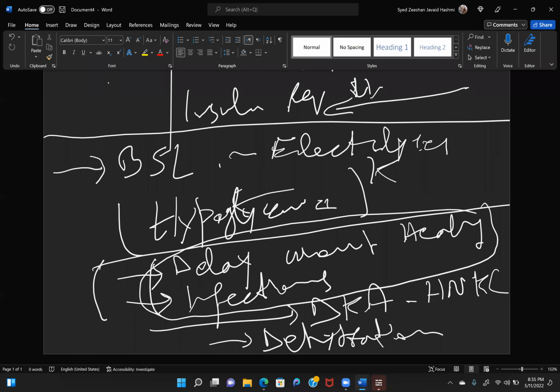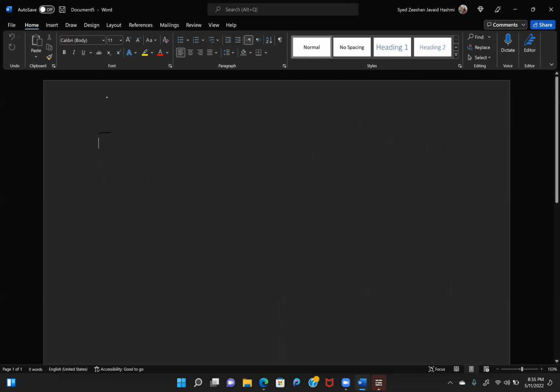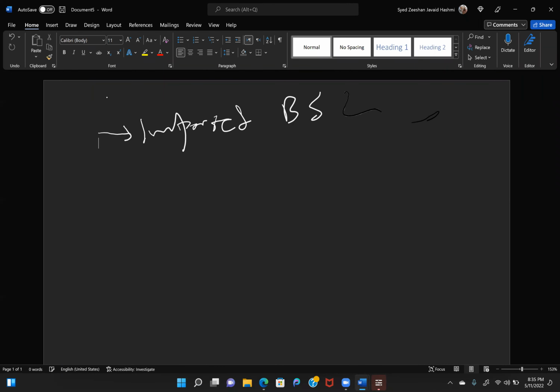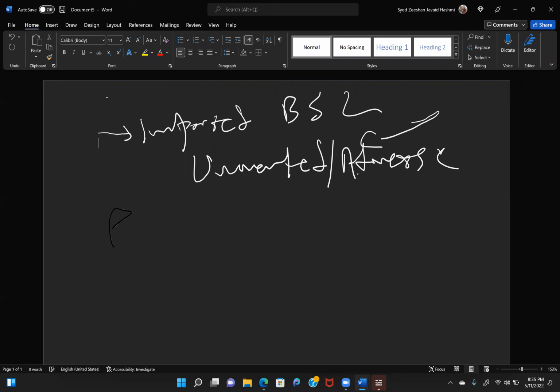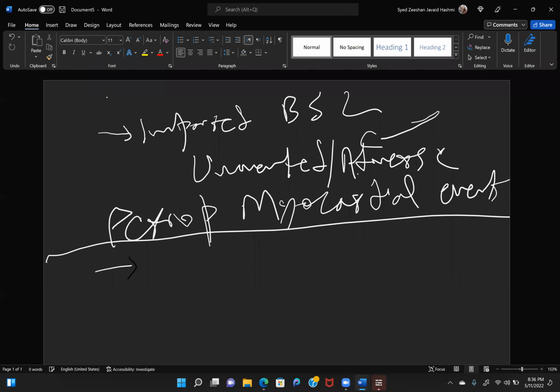I will be very happy if you use this phrase: impaired blood sugar levels are associated with adverse perioperative myocardial events. Of course, your answer is correct, wound healing and infections, but you should tell the things which are related to you.